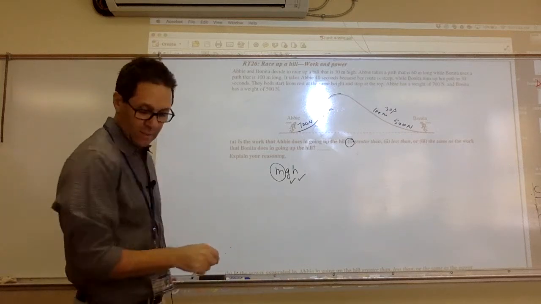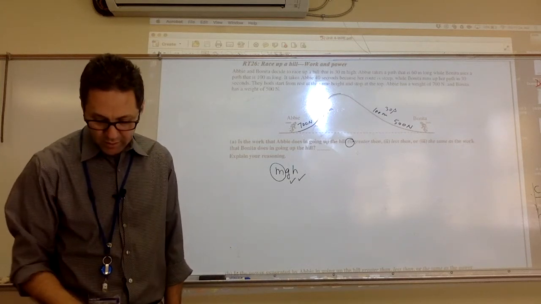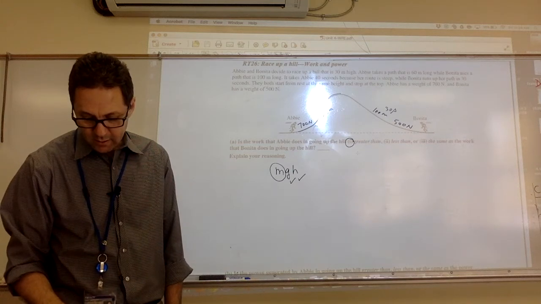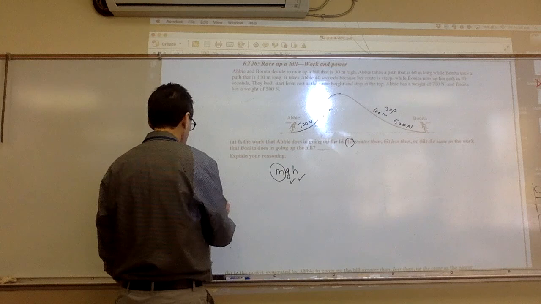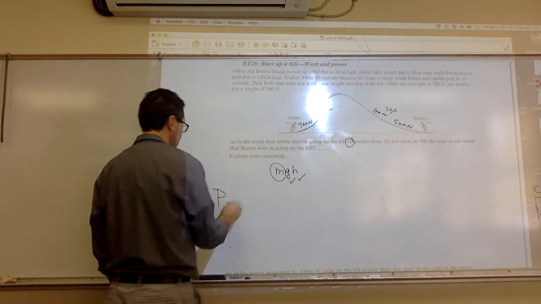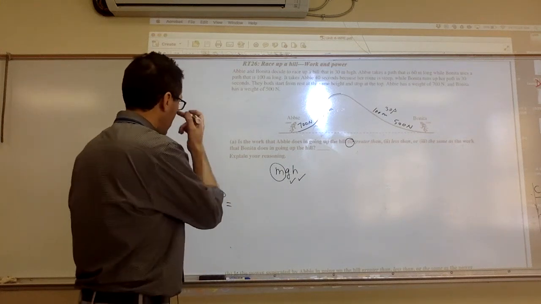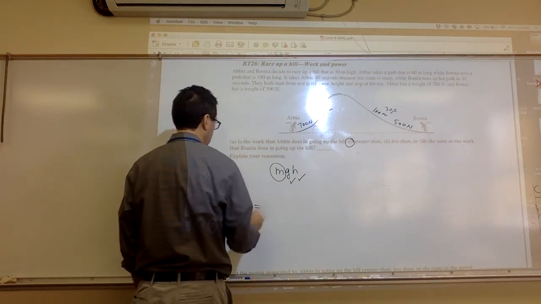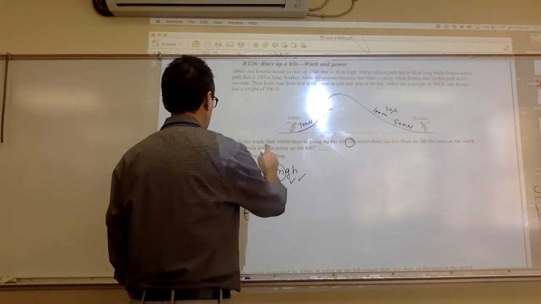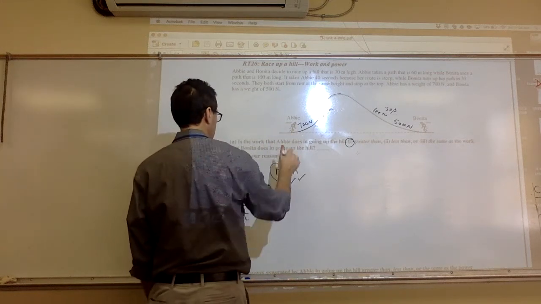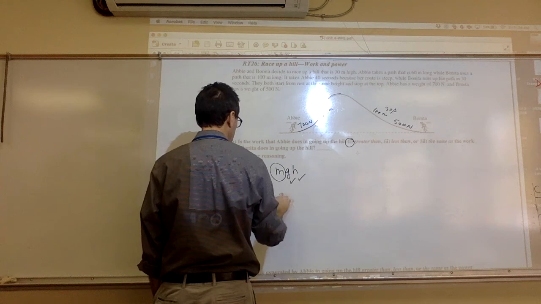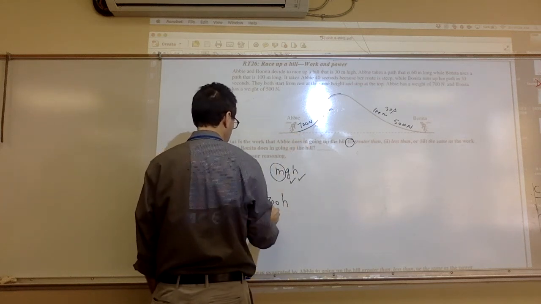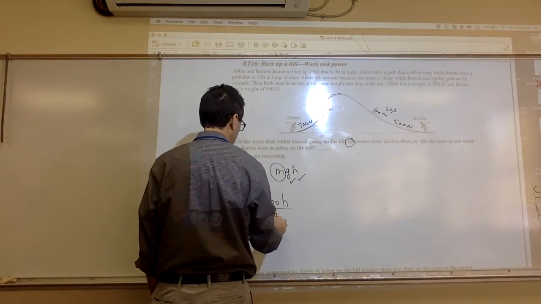Okay. The next question is, is the power generated by Abby in going up the hill greater than, less than, or the same? Well, let's look at the power. The power is equal to work divided by time, right? Now, the work done by Abby is 700 h divided by her time.